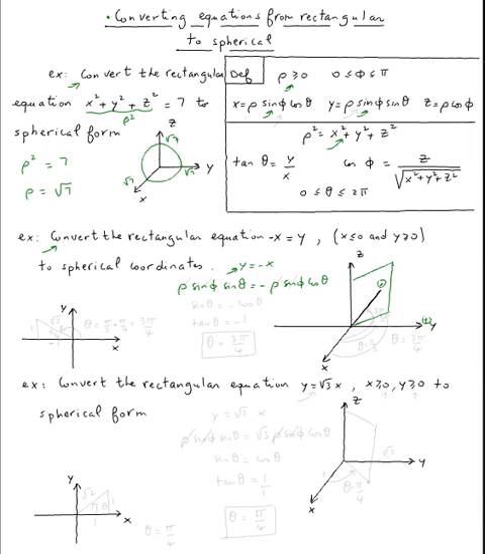Now I can divide by rho sine phi, so I can simplify these two. So I get sine theta is equal to minus cosine theta. Divide both by cosine theta, I get tangent theta equal to negative 1.